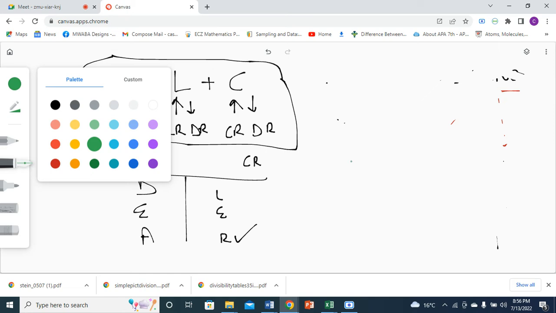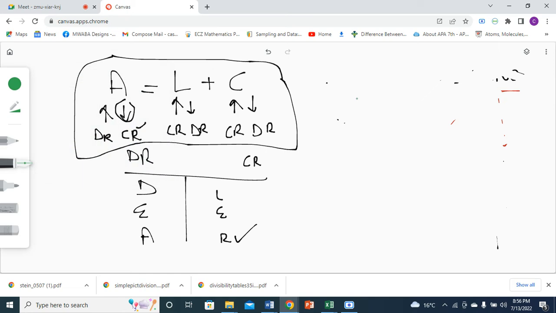The journal entry is supposed to be you debit the expense, the electricity expense, and you credit cash. Cash is an asset, a reduction in an asset, you credit.